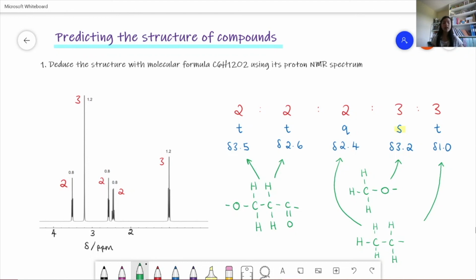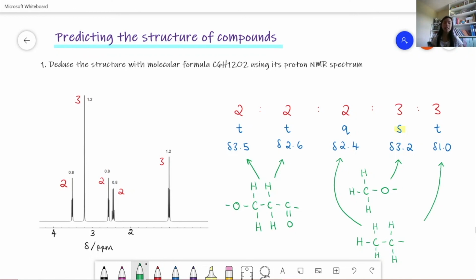Because if we look at the hydrogens on the left, the carbon adjacent has 2 hydrogens on it, and so they would form a triplet peak, whereas for the right-hand side carbon, on the left we have 3 hydrogens, and so they would form a quartet peak.